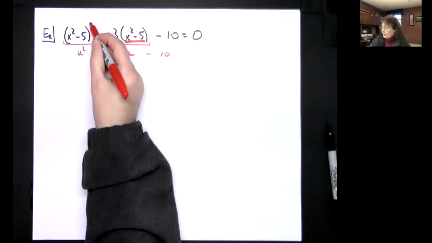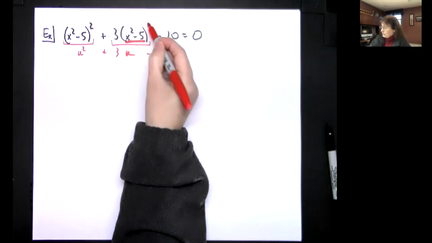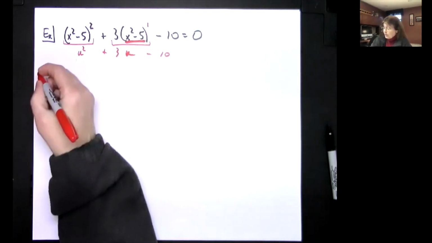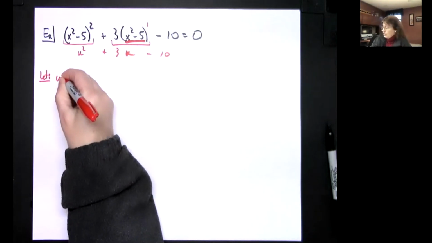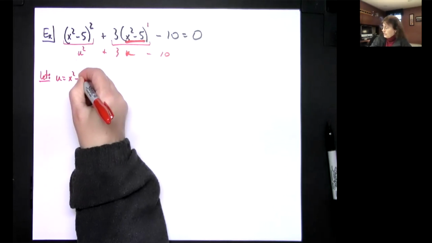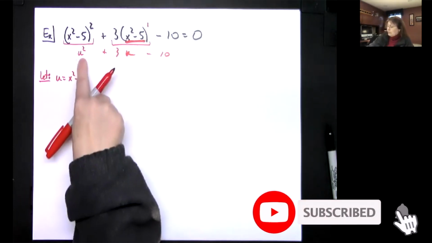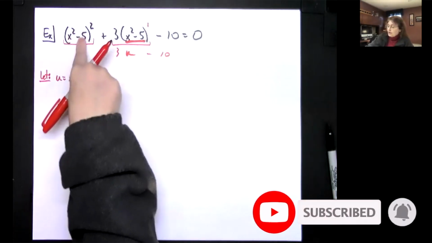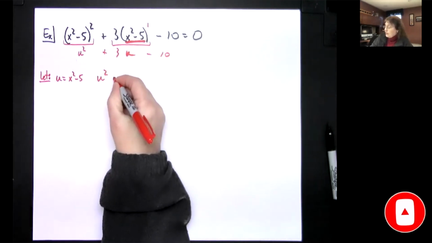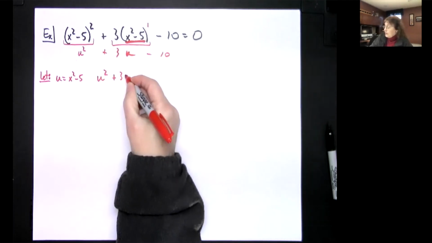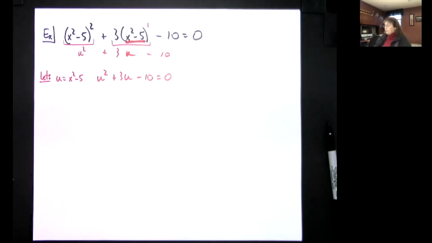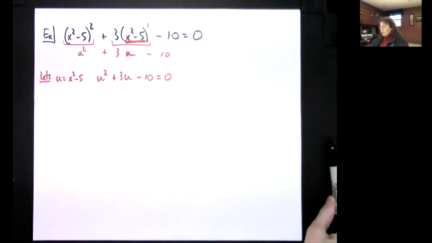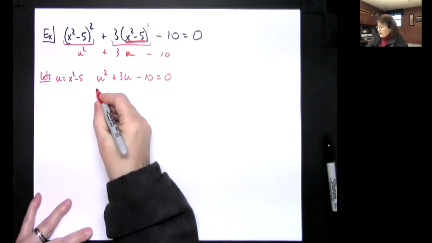You've got this binomial raised to the second power, and a binomial raised to the first power. So we're going to let our u be that x squared minus 5. Here's my u, so it would be a u squared. I keep that coefficient 3, and I put in the u, and then I do the minus 10. That's a straightforward factoring problem where I don't have to slide and divide or do anything like that.